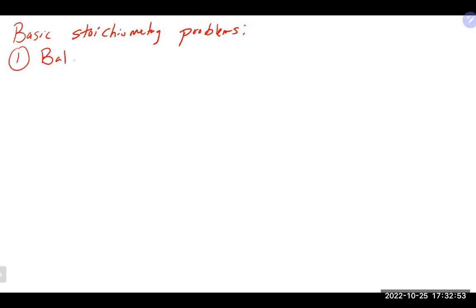So remember, no matter how weird the formula or the numbers look, there really are 4 steps that you follow with basic stoichiometry problems, and almost all stoichiometry problems. And as we talked about, it really all starts with the balanced equation.